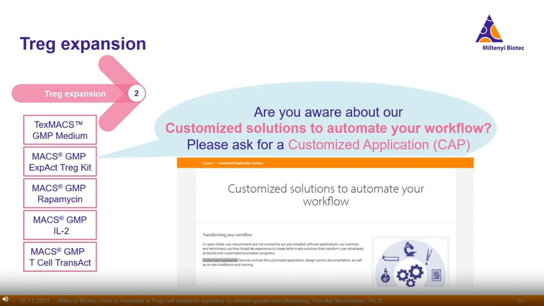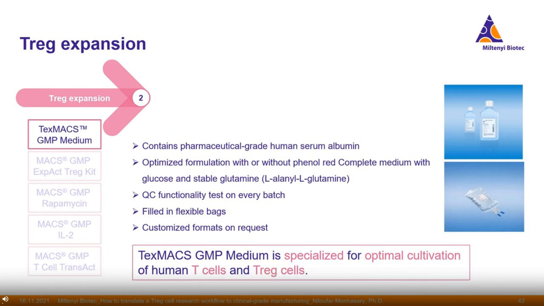Okay, Treg expansion at clinical grade also needs some components that I would like to talk about in the following slides. I have already talked about TexMACS medium on the research side, but as I've mentioned, we have the GMP grade medium as well, which contains pharmaceutical grade human serum albumin.